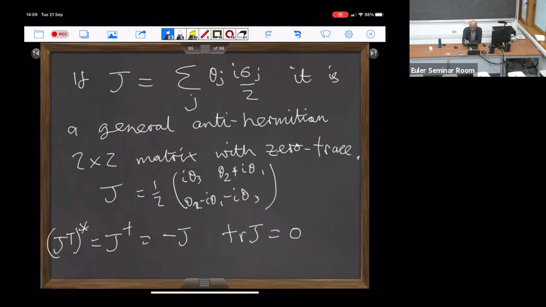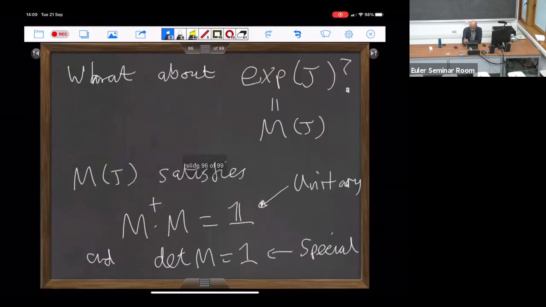And so the point here is simply that a general real linear combination of the i sigma over 2 matrices is a general anti-Hermitian 2×2 matrix with 0 trace. And its exponential, which is this SU2 matrix, will be unitary and have determinant 1. So unitary because the exponent is anti-Hermitian, and determinant 1 because the trace is 0.